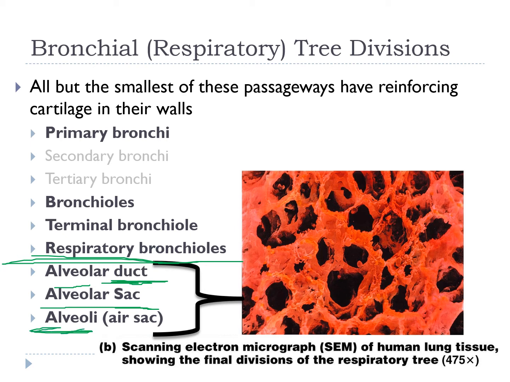That's what this micrograph is showing. It's showing an alveolar sac, which is a cluster of alveoli. Remember, alveoli is where the air is exchanged with the outside environment and our blood.